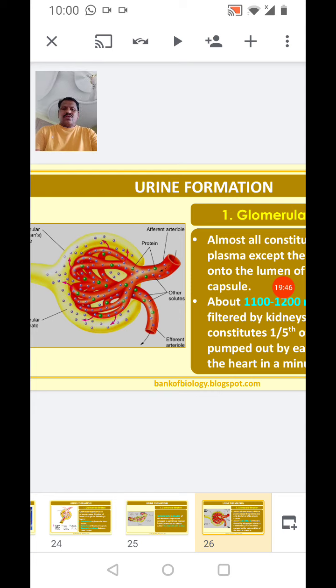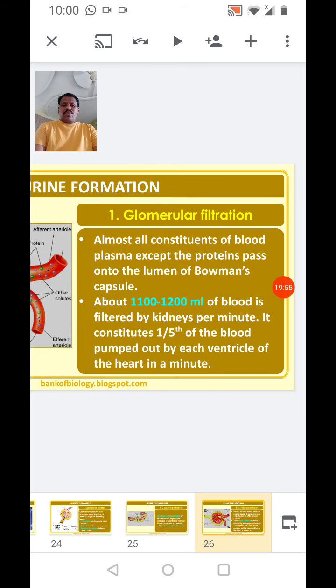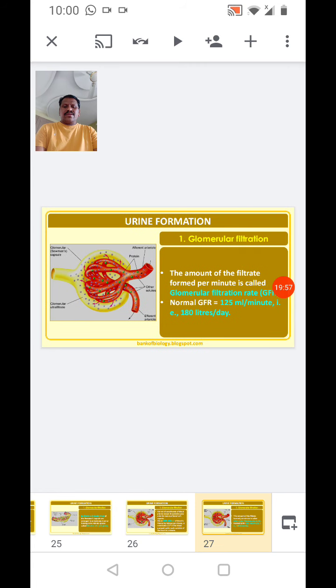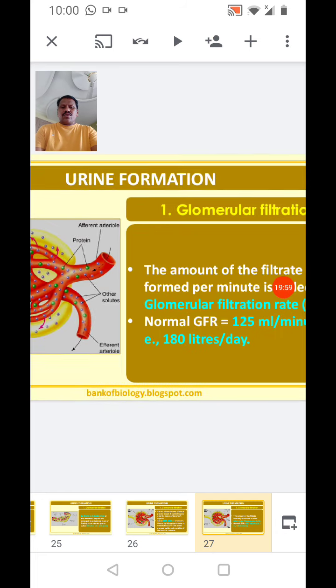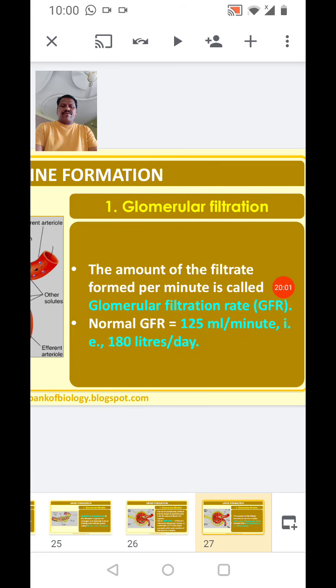So this is all about the filtration of the blood. The second process: already I told you only 125 ml of primary urine is formed per minute, and per day 180 liters.